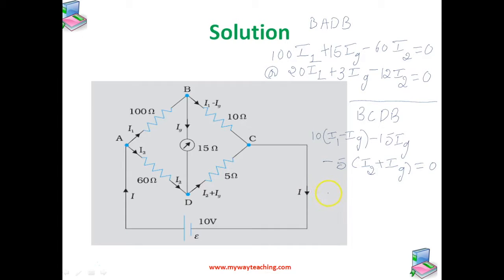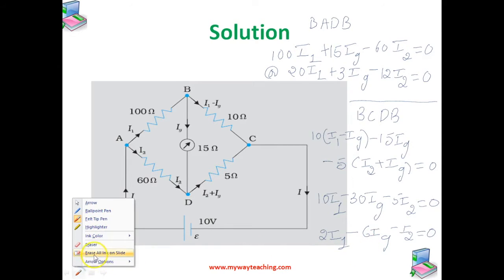If you simplify this, we get 10 I1 minus 30 IG minus 5 I2 is equal to 0. So 2 I1 minus 6 IG minus I2 is equal to 0. So these are the equations for two meshes.